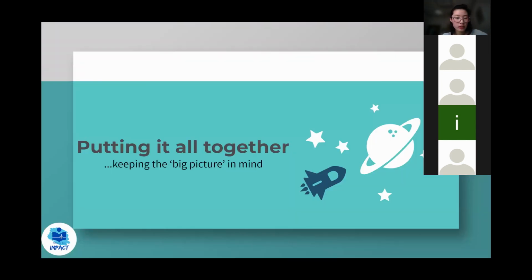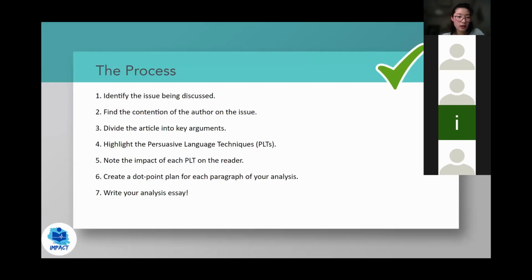Yeah, cool. So we're heading towards the tail of this talk, and we're talking about how to bring everything together, linking those big picture concepts, purpose, audience, and linking it with the PLTs. We're talking about how to structure it all together now. Hopefully by now you guys are quite familiar with the stepwise process of approaching the argument analysis.